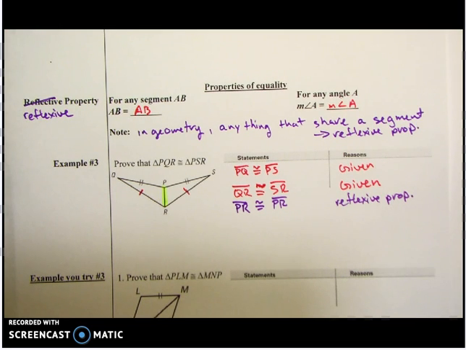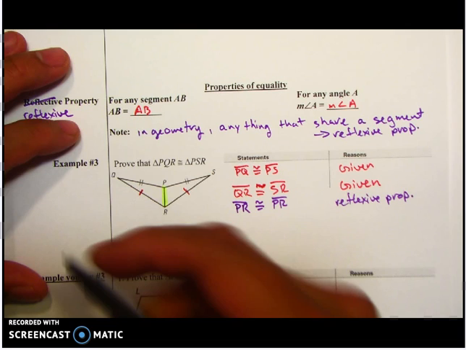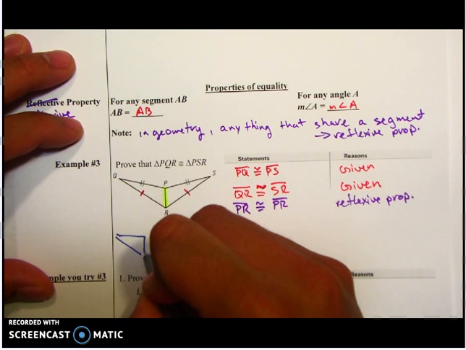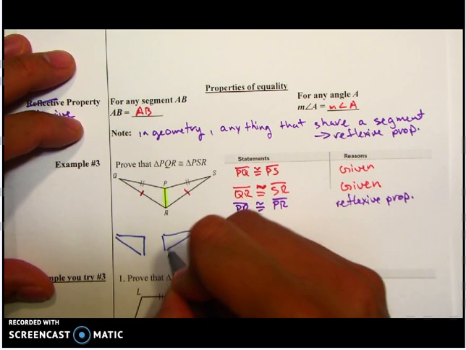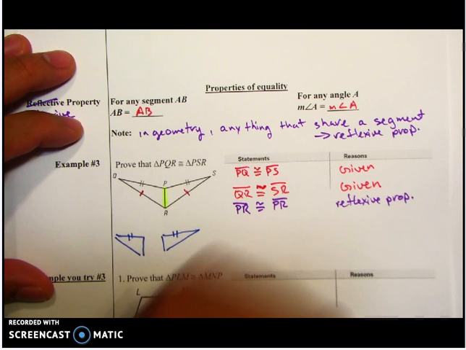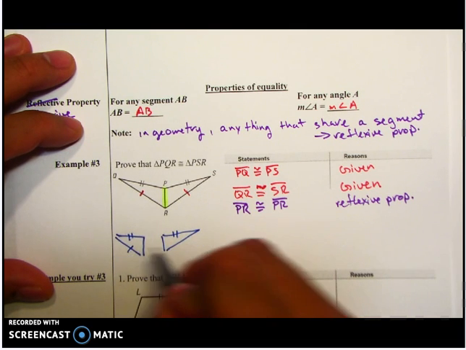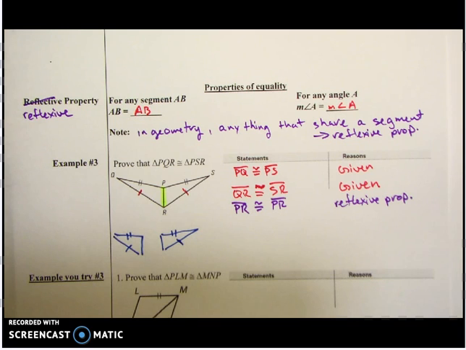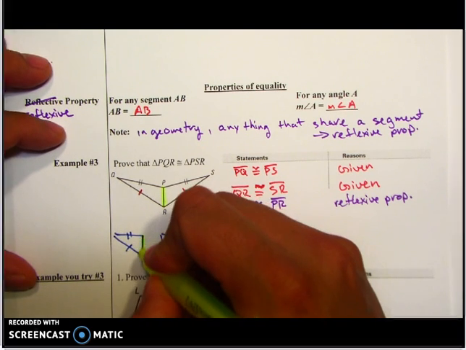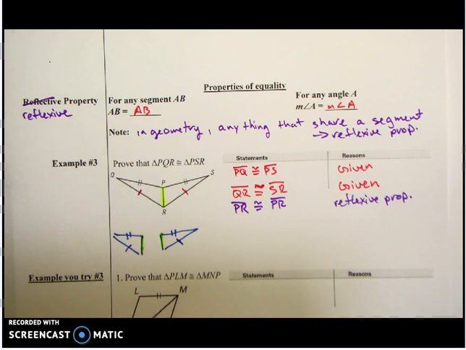Really, what you're doing is separating out the two triangles here. When you separate this out, you have these two the same, and you have this the same. Then when you look at those two triangles you separated, you notice that this and this are the same. They both share that. So that's why we use the reflexive property: if you separate it out, they both share that same side.